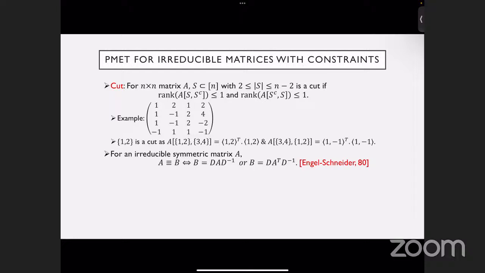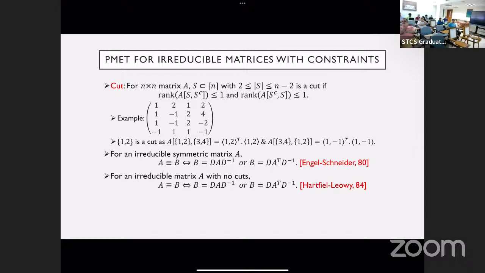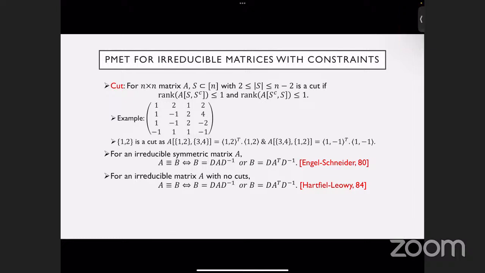In 1980, Engel and Snyder showed that for an irreducible symmetric matrix A, another matrix B has the same principal minors if and only if B is diagonally equal to A or B is diagonally equal to the transpose of matrix A. But for symmetric, it wouldn't matter, right?